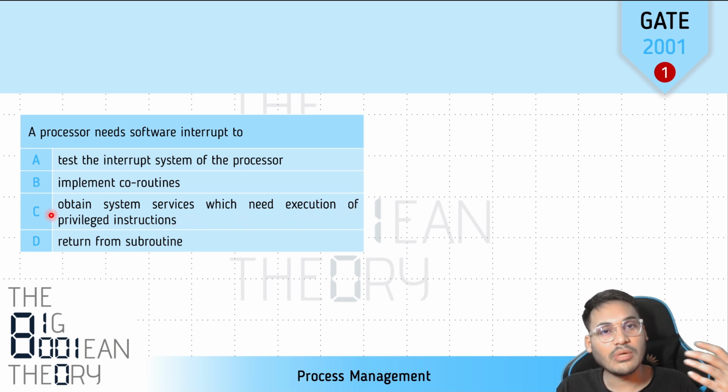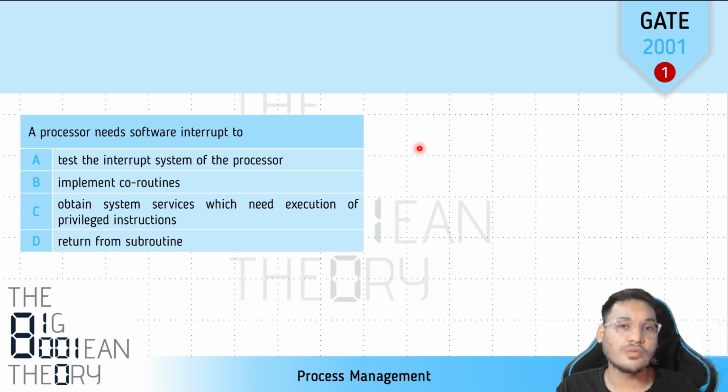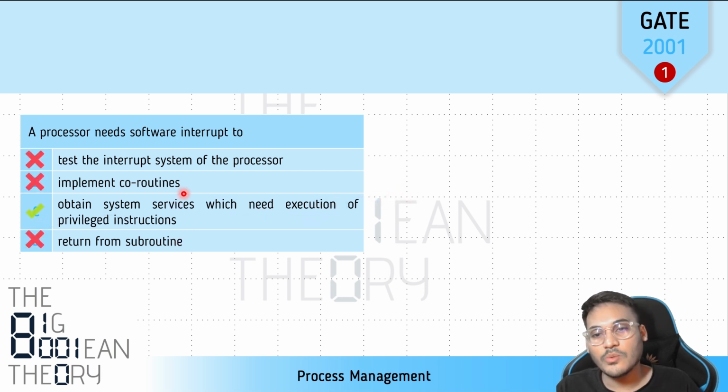In order to make a system call, you need a software interrupt, because whatever user process was being executed, when it invokes a system call, the control has to be immediately transferred to the operating system, and that transfer happens via the mechanism of the software interrupt. So option C is the correct answer. The other options are not relevant to the question.